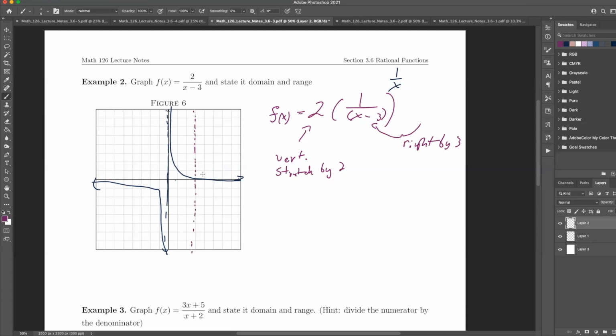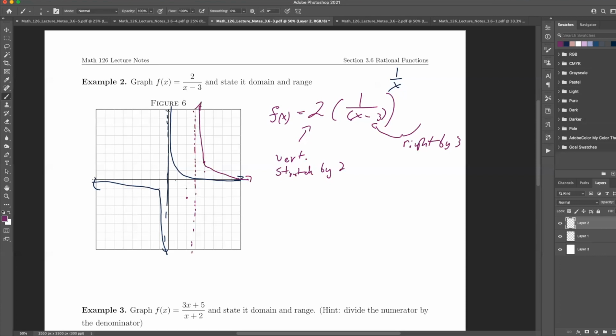And now I've stretched everything by 2. And so instead of going through the 1, it's going to go through 2. Does that make sense? Instead of going through negative 1, it's going to go through negative 2. So these points right here are going to be stretched up by 2.